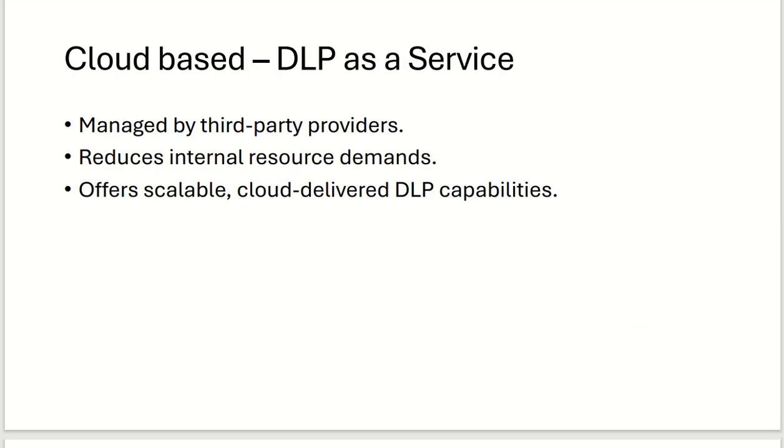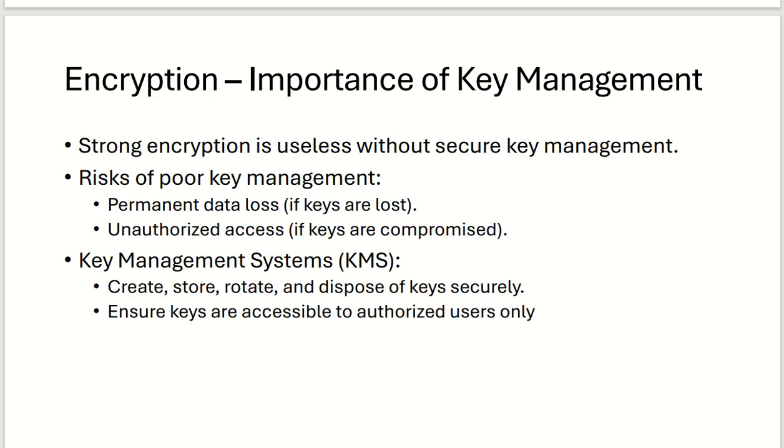On the cloud, data loss prevention is operated as a service managed by third-party providers to reduce internal resource demands. The security of encryption-empowered systems comes down to the security of the keys used for the encryption themselves.